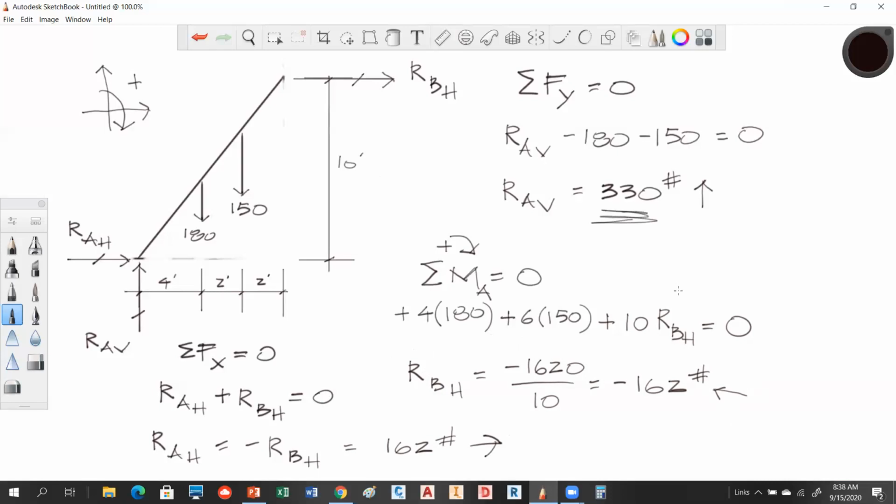So this guy, RAV is 330. He's carrying all the load vertically, and this load is distributed between these two, one going left, one going right. So this isn't a whole lot different from a parallel problem, and we did not have to use the concept of transmissibility to solve this. Questions?